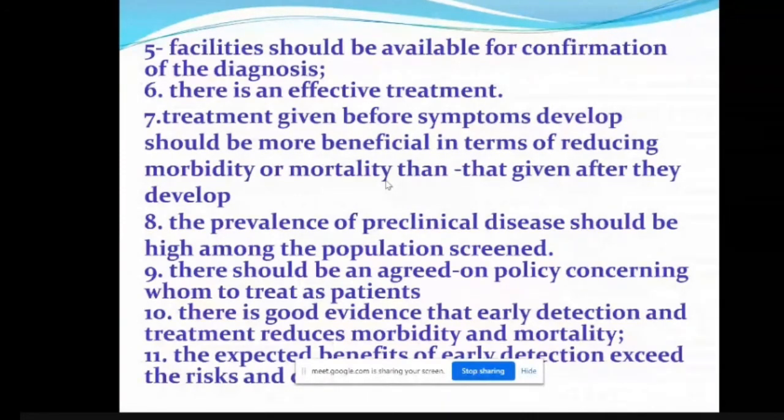Also, the prevalence of the preclinical disease in the community must be high, because if the diseases are rare, we will not detect a good number of asymptomatic cases in the preclinical stage.